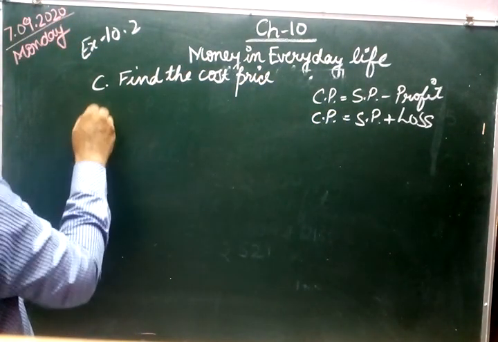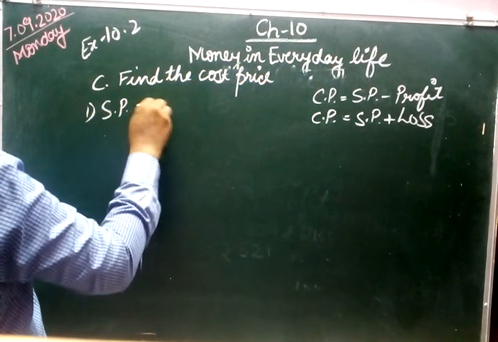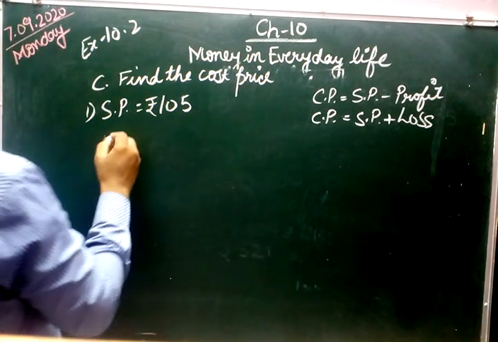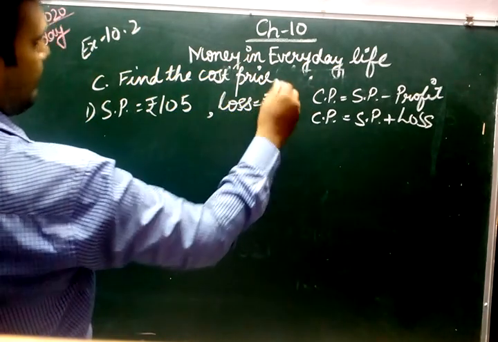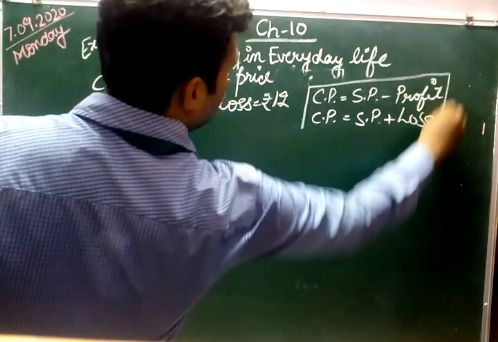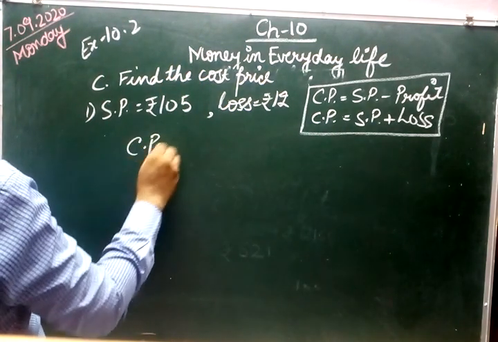So we have to use these two formulas. Now we will take question number 1 for finding the cost price. Selling price is given, rupees 105. Loss is given to us, rupees 12. So using these formulas, we have to find the cost price.